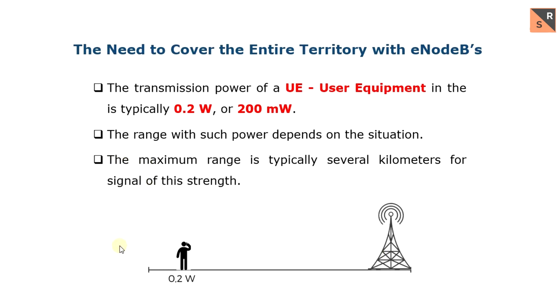That means if I'm very far from the base station antenna, I'm not going to be able to have my communication. Or in other words, I'm not going to have access to mobile internet.